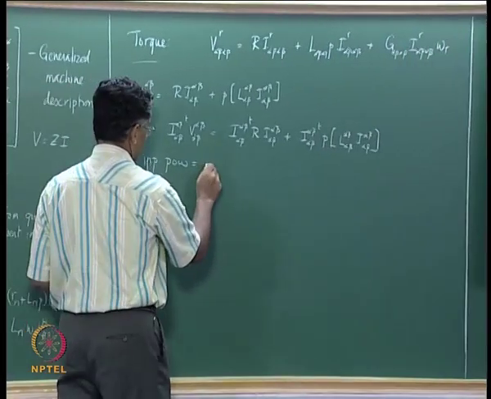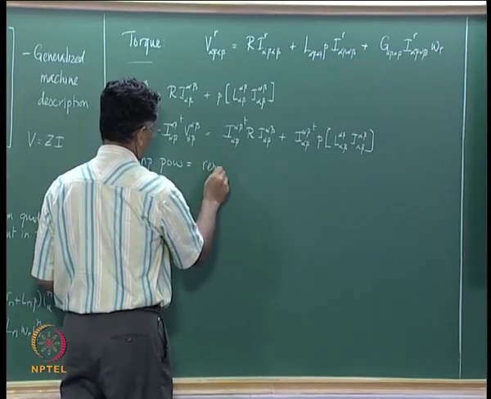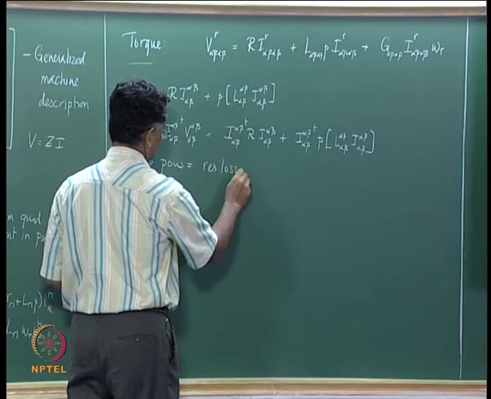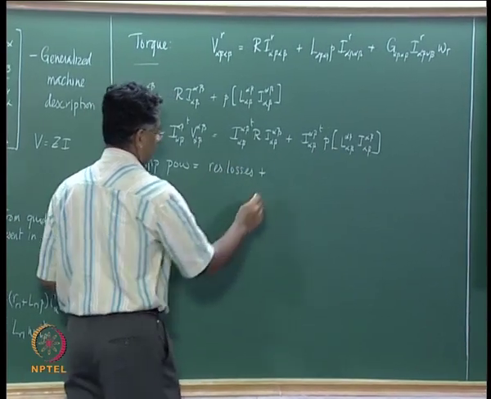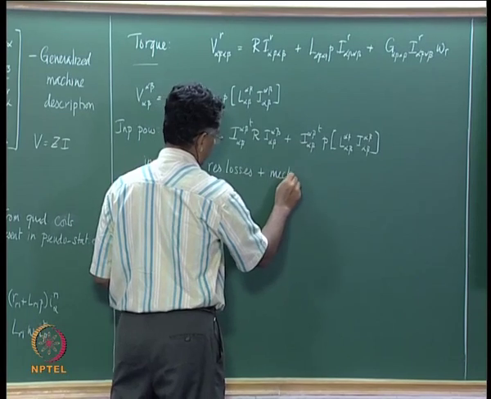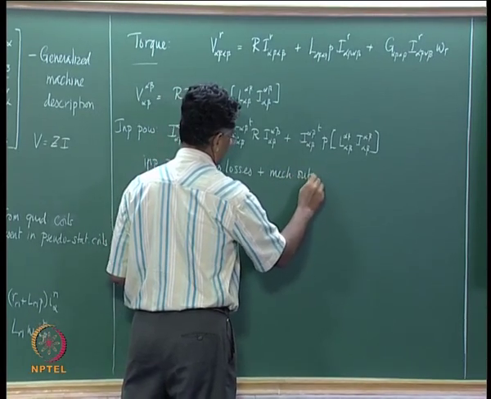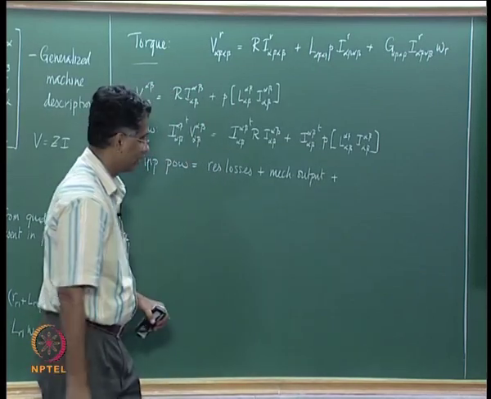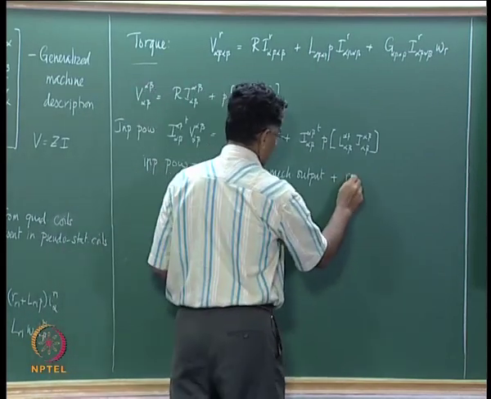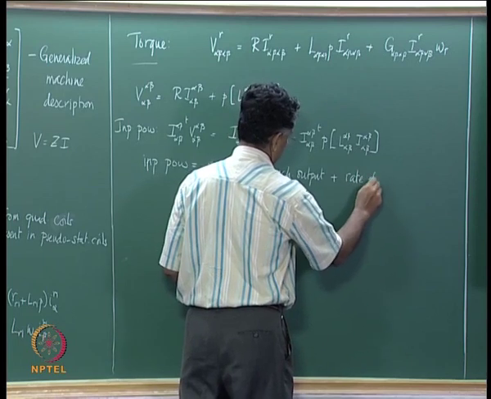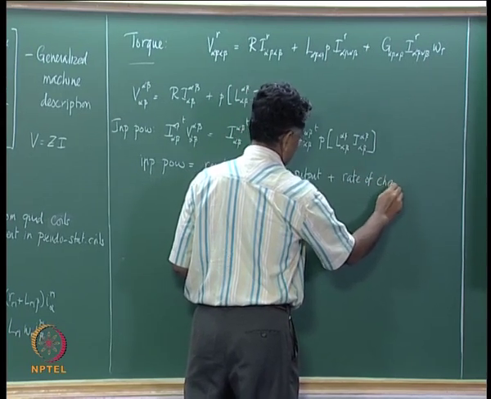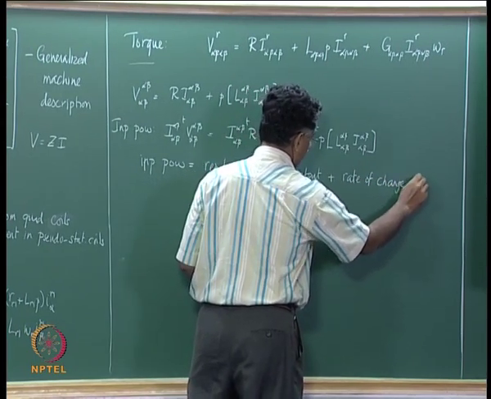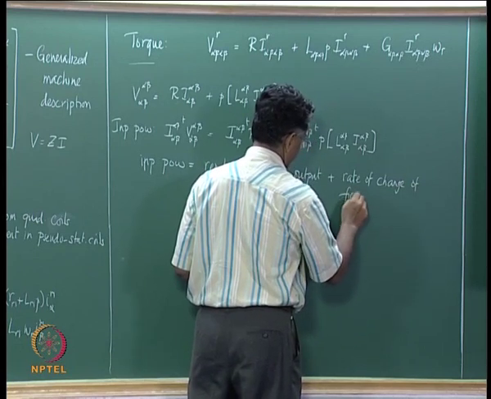One is the resistive losses, another is the mechanical output, and then the third is the rate of change of field energy.